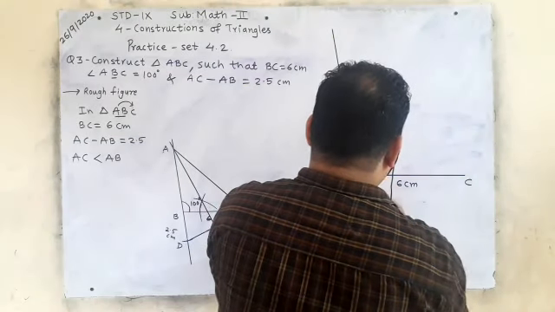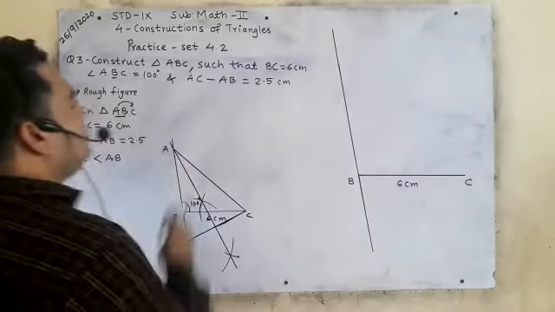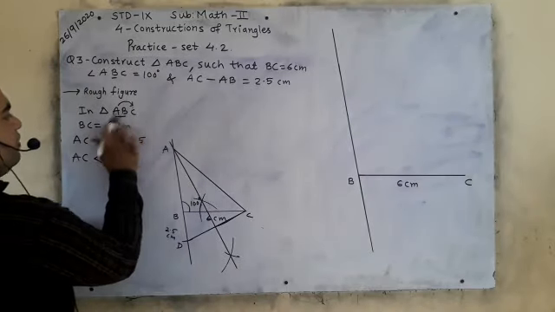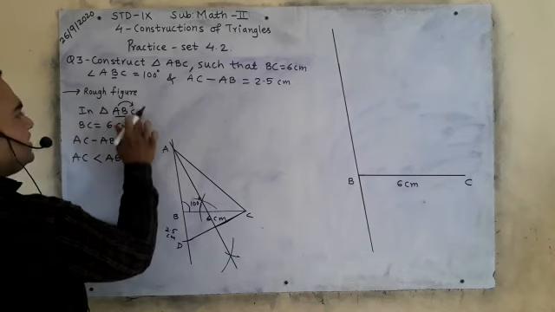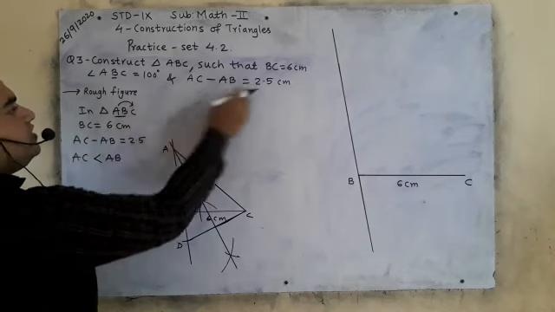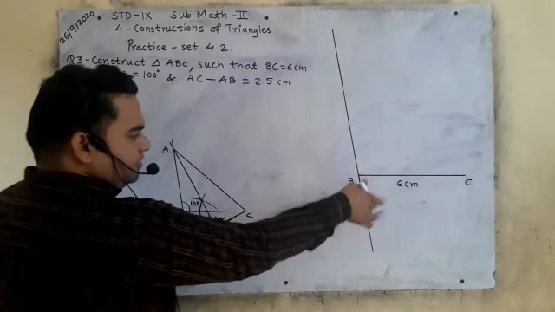Why are you drawing below? Just tell me. Because AC was smaller, AB was bigger, BC was bigger, but they have taken AC first, which is wrong. So this 2.5 will come down.